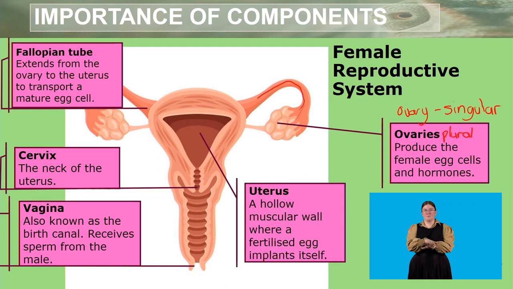And that egg will be found here in the fallopian tubes. That egg has been released by 1 ovary. So what happens is usually one egg cell is released into 1 fallopian tube every month.